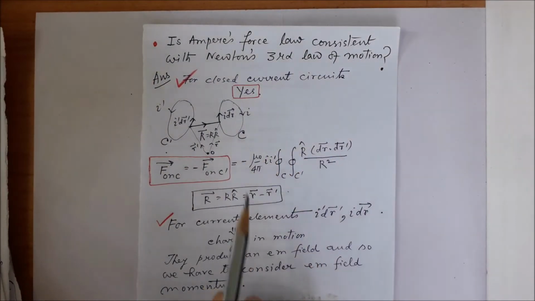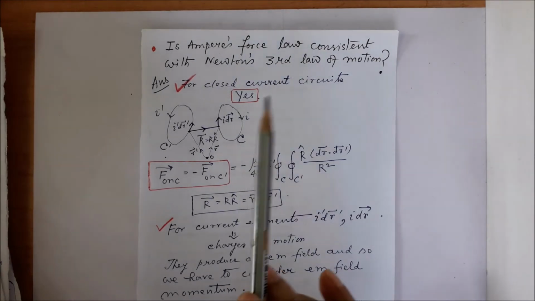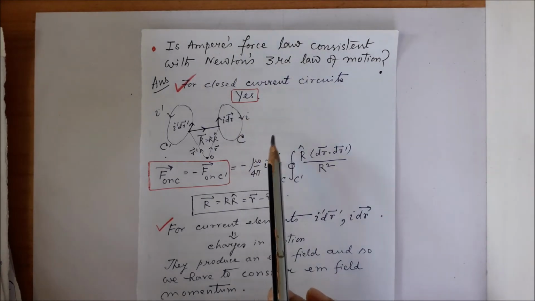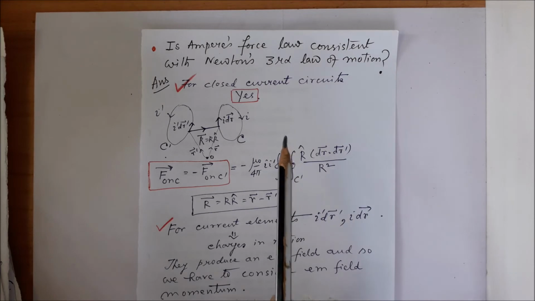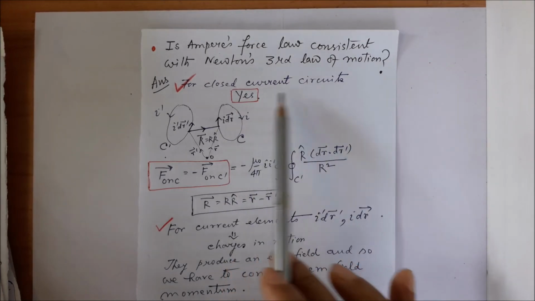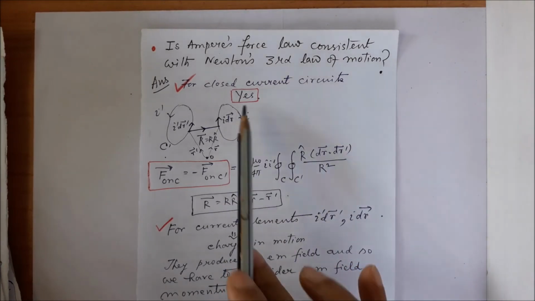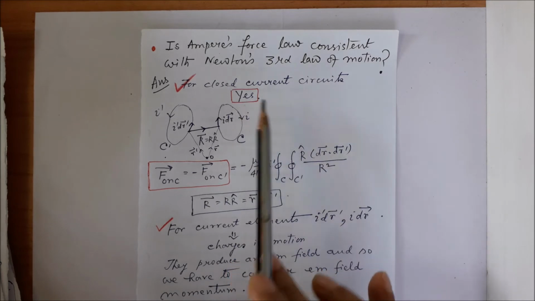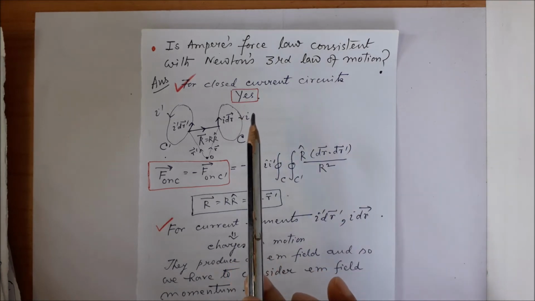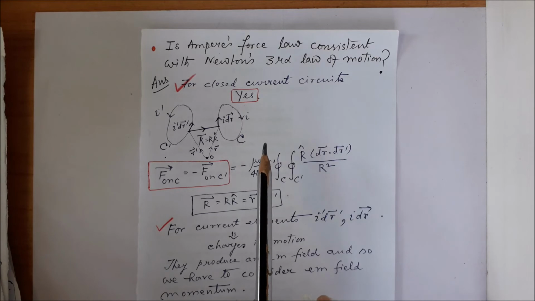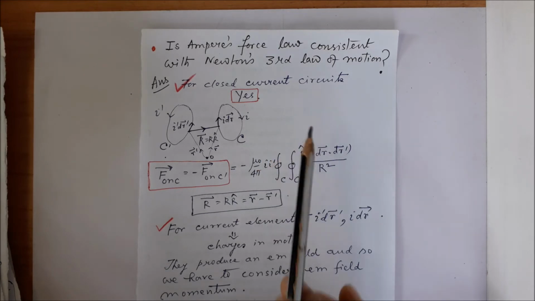That is, we will address the issue whether Newton's third law is obeyed or not obeyed. Now for closed circuits, the straight answer is yes. The two laws, Ampere's force law and Newton's third law of motion, are consistent with each other.